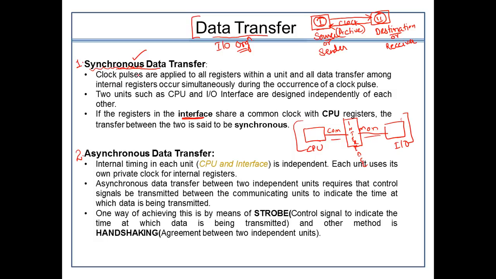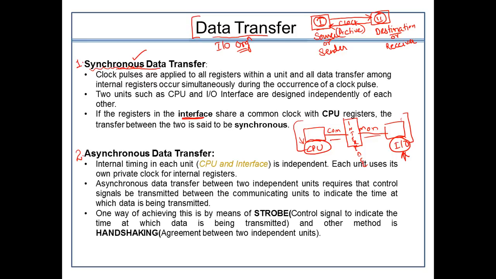But there is a point. These two units, the CPU and the IO, are independent of each other. The CPU never knows when the input output device will send the data. Similarly, we cannot determine the time when the CPU is available for taking the data from input output.